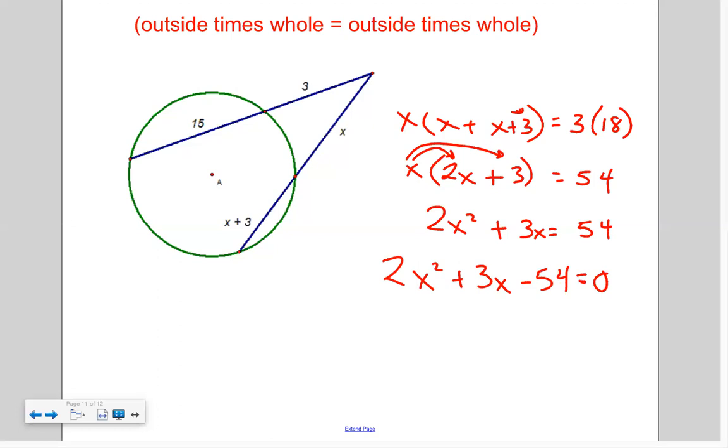All right, so this is one where you can't really solve this easily, so let's use our technology to solve this.